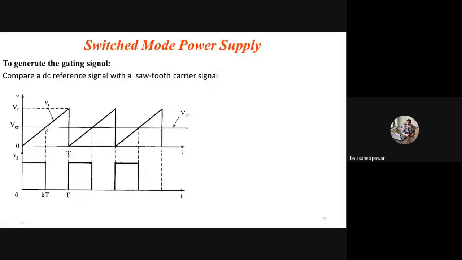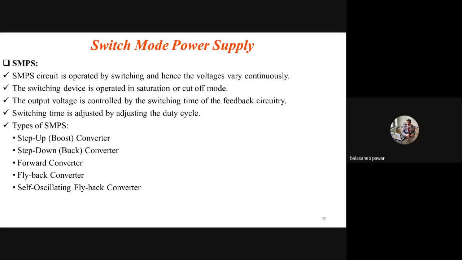When it becomes equal, immediately the output of that comparator circuit goes to logic 0, and it remains 0 until again that reference waveform has low amplitude compared to the VCR, and accordingly pulses get generated. So this is just for your logic, how that transistor, if we consider the MOSFET, will turn on and turn off, right? The switching frequency of that switch will depend on the capital T of these pulses, correct? Got it? Is it okay?